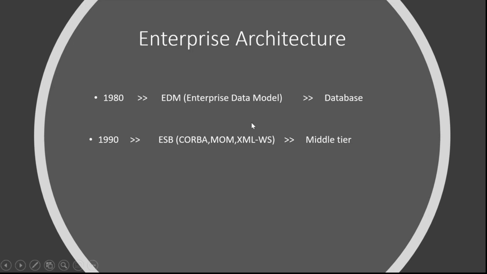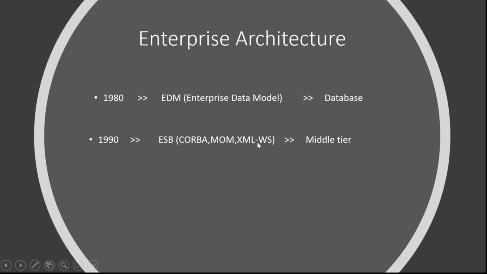And these technologies are in the middle tier, right? From Java, you can create an XML web service. From some other language also, you can create an XML web service, right? So this time it came, and it is in the middle tier, not in the database tier. First they tried to use the database global schema, right?